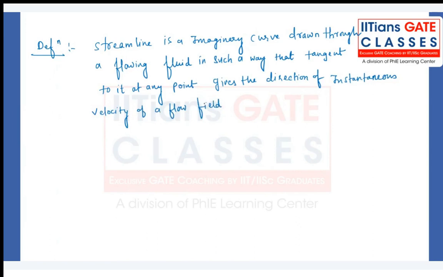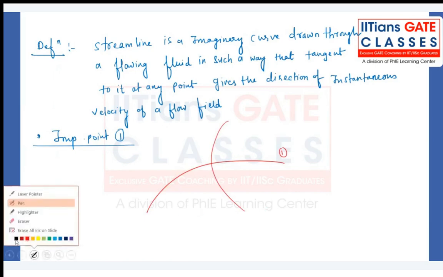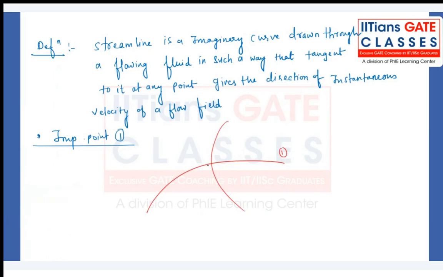Some further important points regarding streamlines. Point number one: whenever you have two streamlines, tell me, can these two streamlines cross each other at a particular point, let's say P?